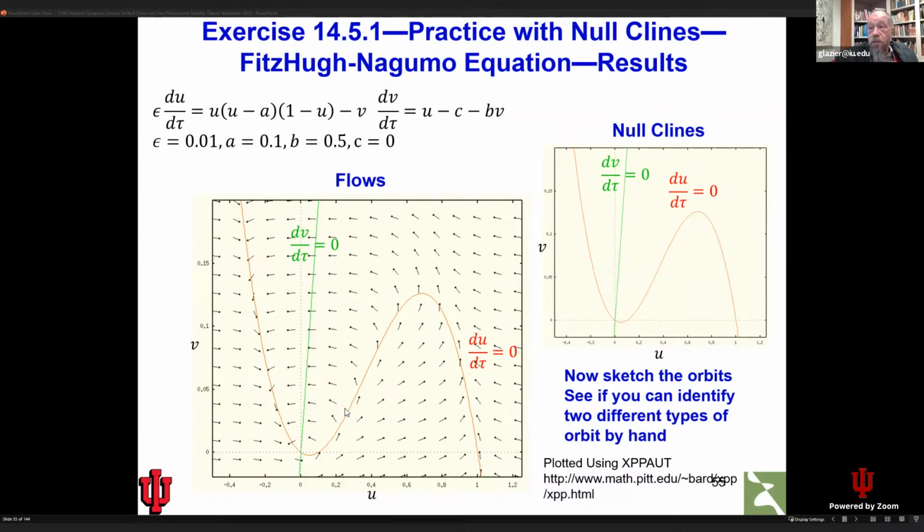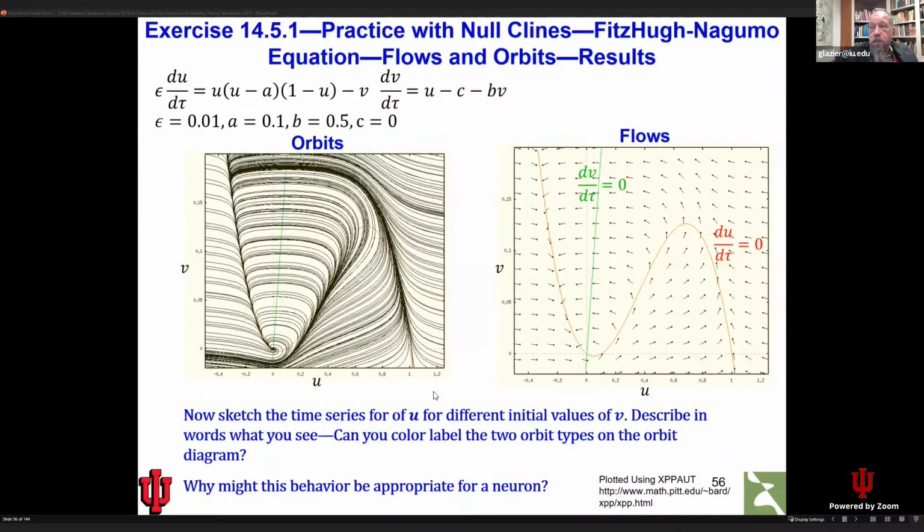Now what you'd like to do is sketch the orbits, what happens in time. And the orbits are actually quite interesting. Remember, I said drawing the arrows from a given position and looking at the flows is rather different. You get this thing that looks a little bit like an elaborate snail shell.